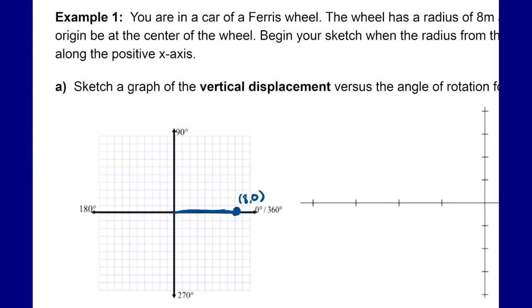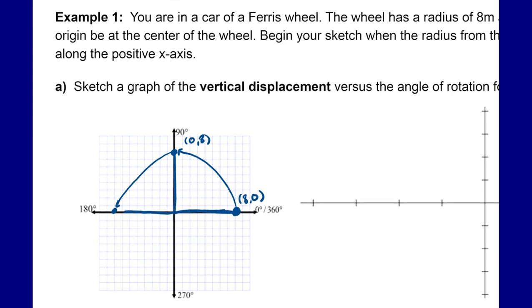It's then going to move counterclockwise in this direction. It's not going to be the best circle. Then my next coordinate will be here, at 0, 8, because it's still a radius of 8. Then we come around again counterclockwise to here.